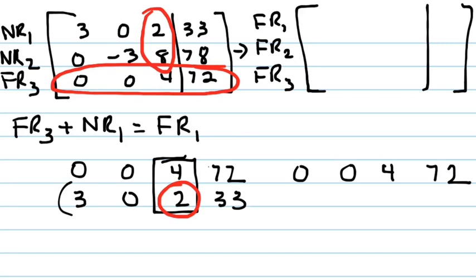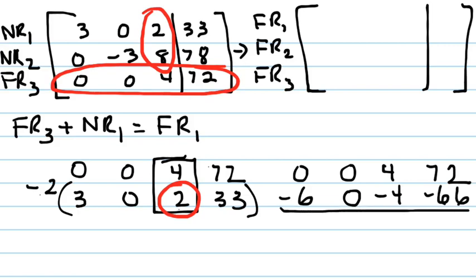But I'm going to be multiplying the entire bottom row by negative 2. See it? Negative 2 times 3 is negative 6. Negative 2 times 0 is 0. Negative 2 times negative 2 is negative 4. Negative 2 times 33 is negative 66.